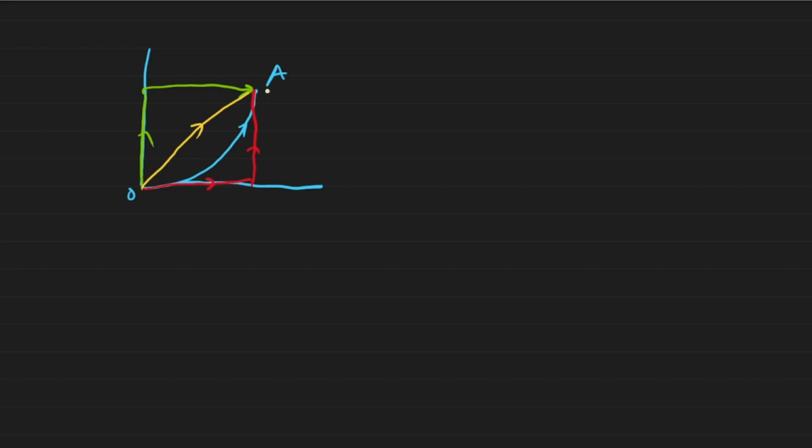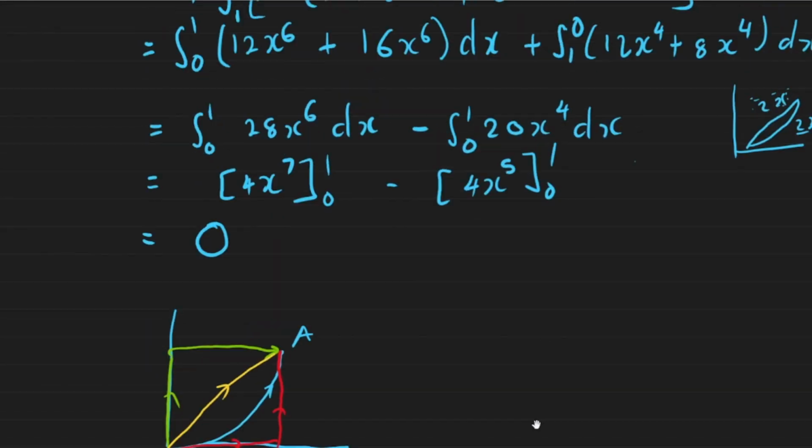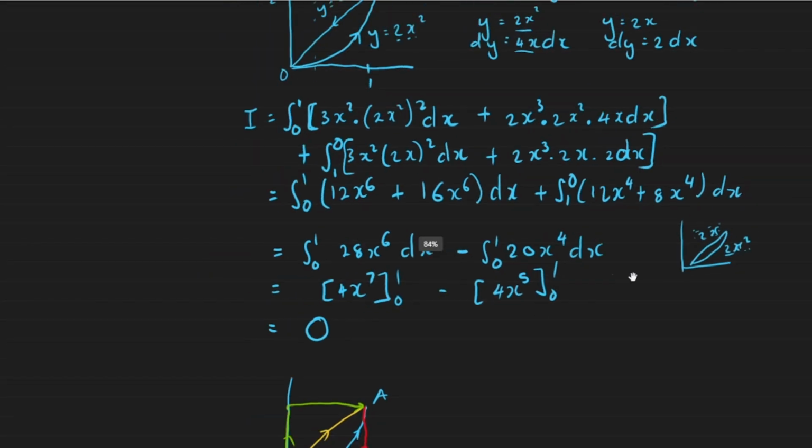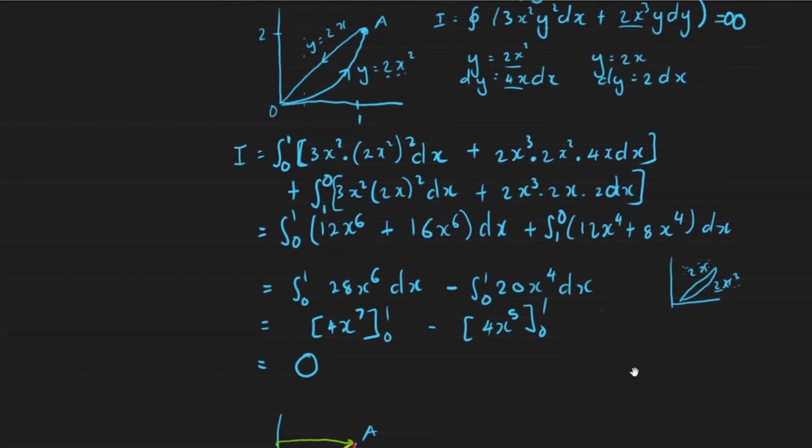So let's prove that point. I think it'll become evident what I mean if we just look at this example that we have just done. So let's just say we looked at it in reverse. So instead of integrating from O to A and then back along this other curve, the top curve that is, let's just say we integrated from O to A, and then we also integrated from O to A as two separate line integrals.